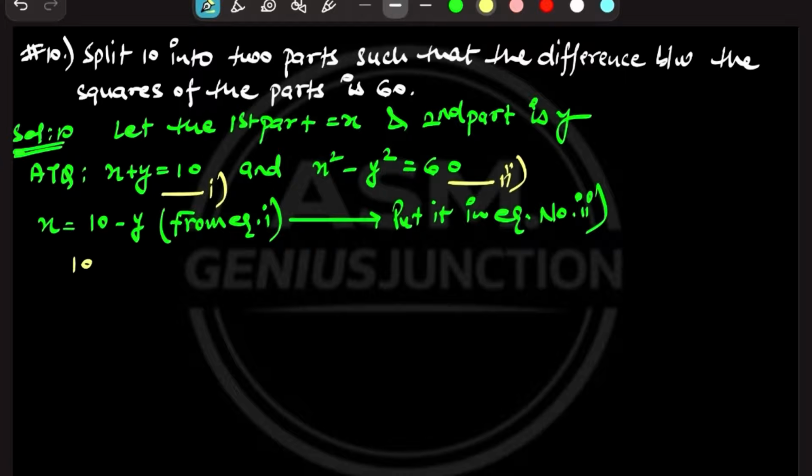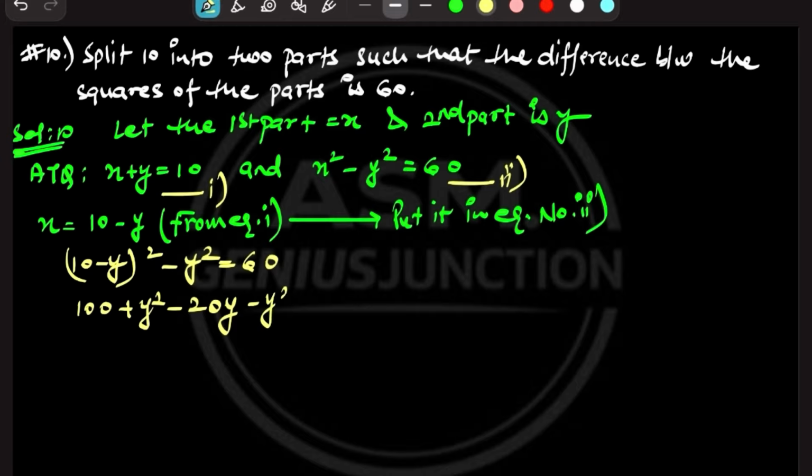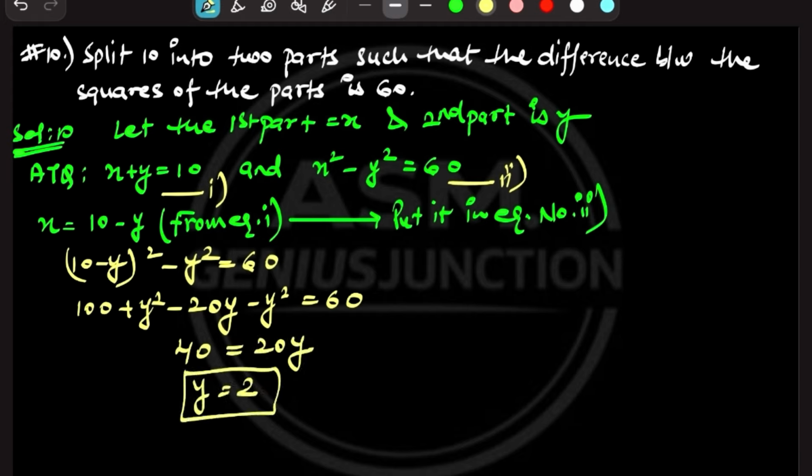It is going to be (10 minus y) whole square minus y square equals 60. So this gives 100 plus y square minus 20y minus y square equals 60. If I cancel y square and minus y square, I get 40 equals 20y, that gives you y equals 2.